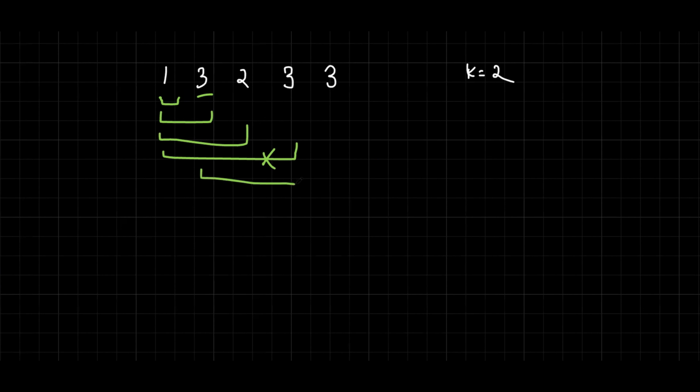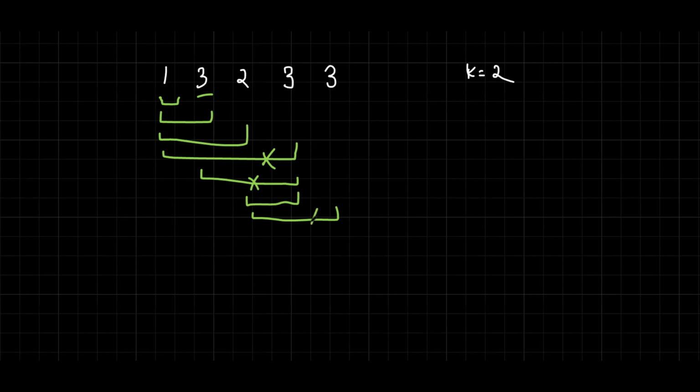So we have to shrink the subarray. Again, we cannot consider it because the frequency of 3 is 2. Now we can shrink this subarray here, and the frequency of 3 is 1 here. So we can consider it. And we can expand the subarray here. But in this subarray, the frequency of 3 is 2.